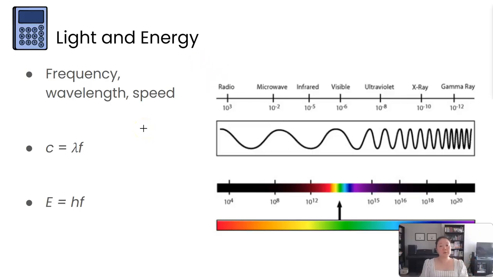So let's talk about the relationship between all of this and energy. While electromagnetic radiation is always going to have the same speed within a specific medium, the amount of energy that any type of electromagnetic radiation has is going to differ depending on what you're looking at. If you think about this logically, radio waves are all over the place.